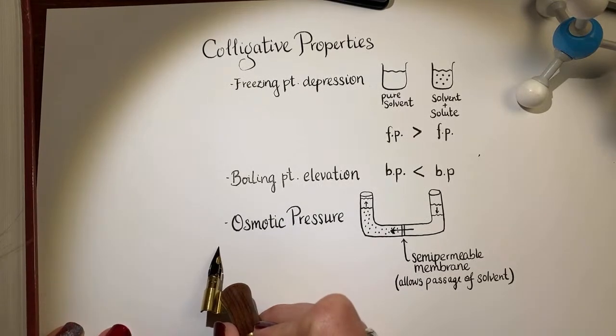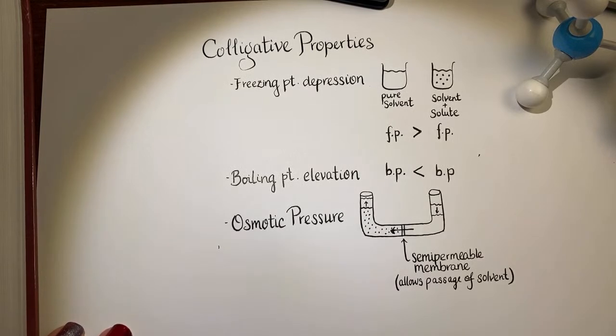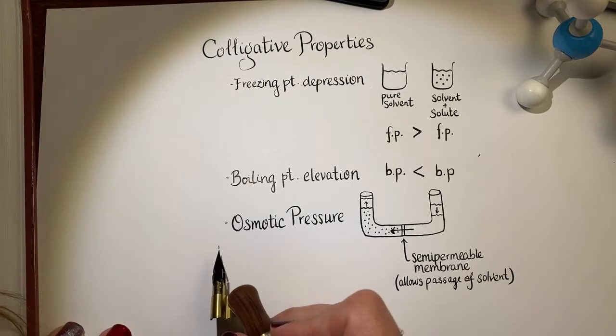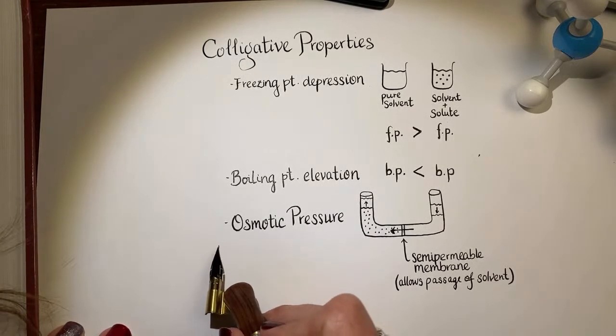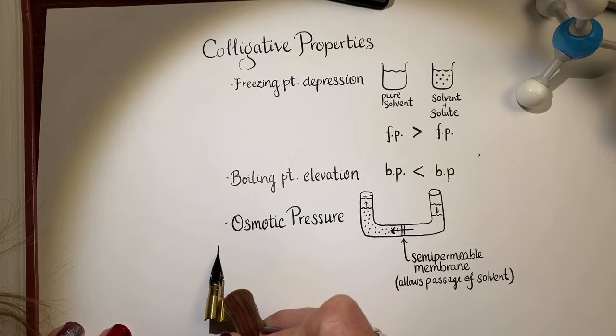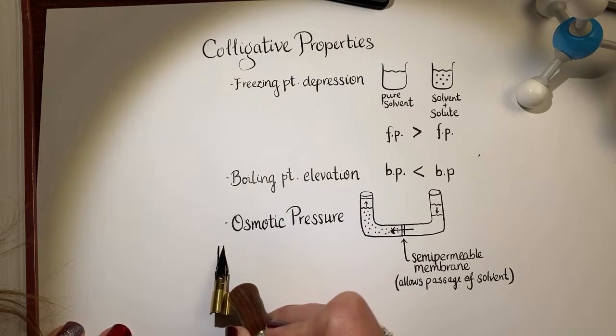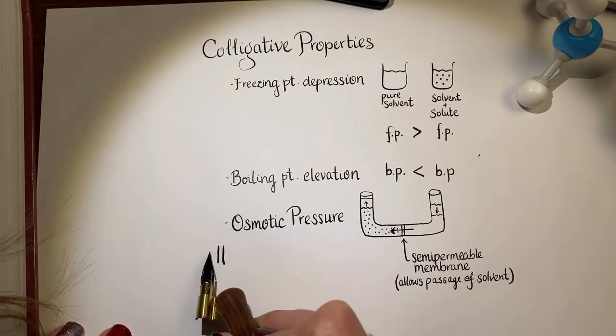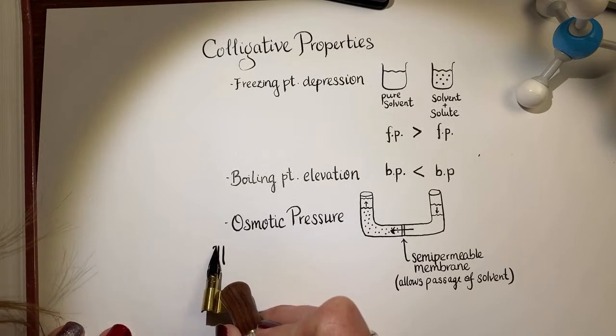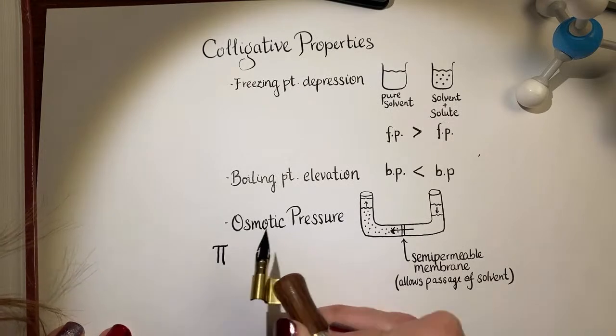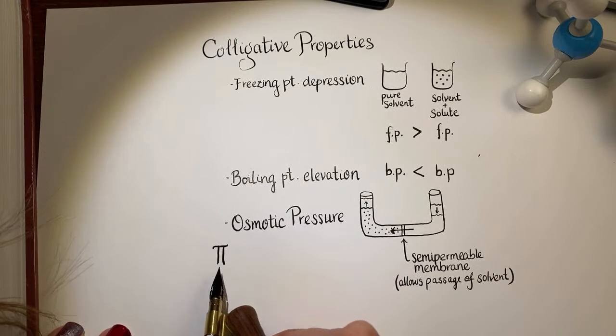The symbol for osmotic pressure, as opposed to gas pressure, we symbolize it with capital P. Osmotic pressure, we use a different symbol. It's still capital P, but it's the Greek symbol or Greek letter pi.